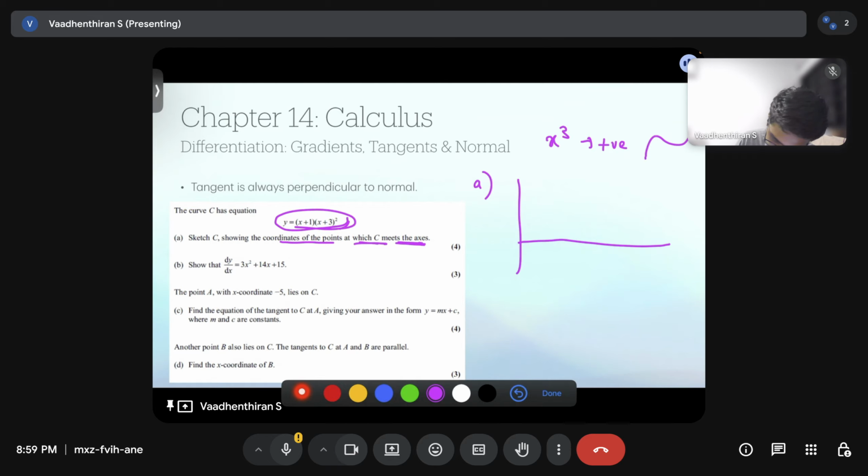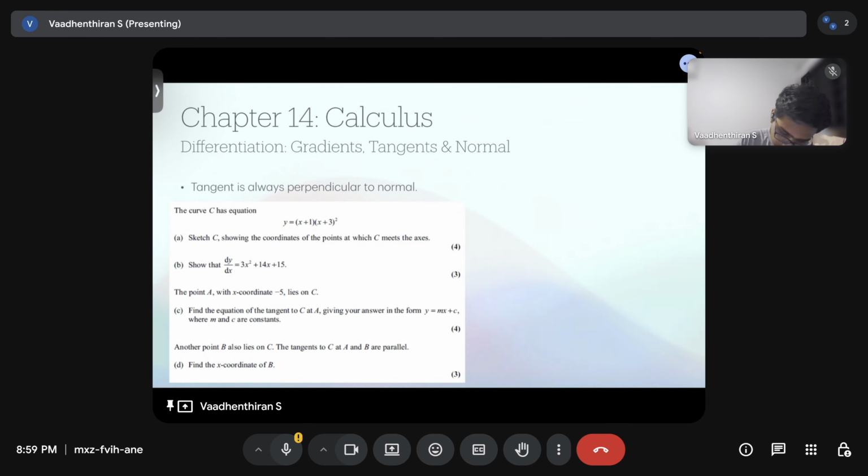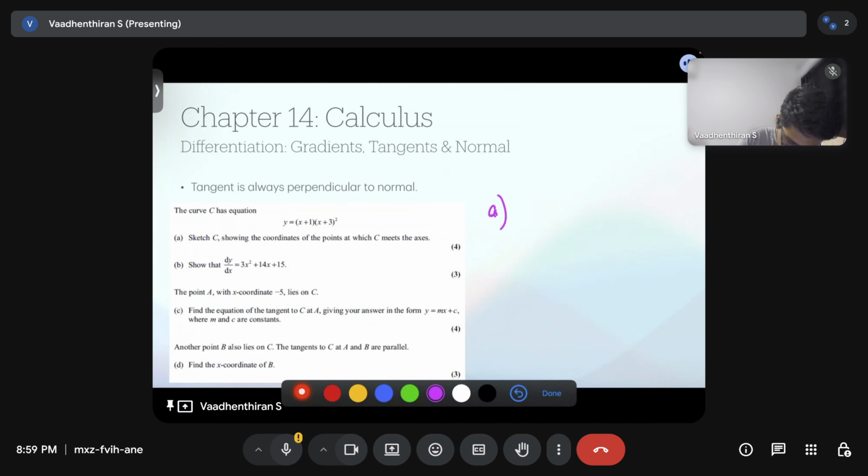So we will draw the graph here. It will meet at -1. I need to extend this, so I'll just draw the axis again. Sorry. So this should be the axis, and it will meet at -1 and -3.